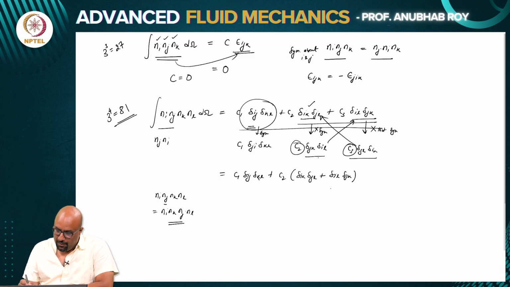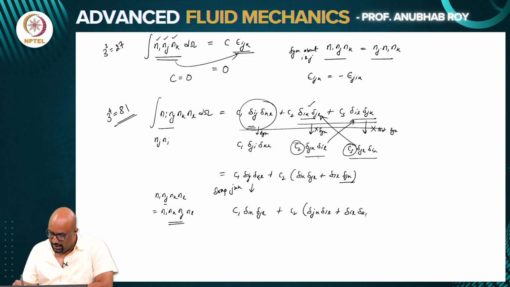So now when I am flipping about j and k, so if I swap j and k, this becomes constant ik jl, this becomes jk il, and this one delta il delta jk, or rather you could write it as delta kj.